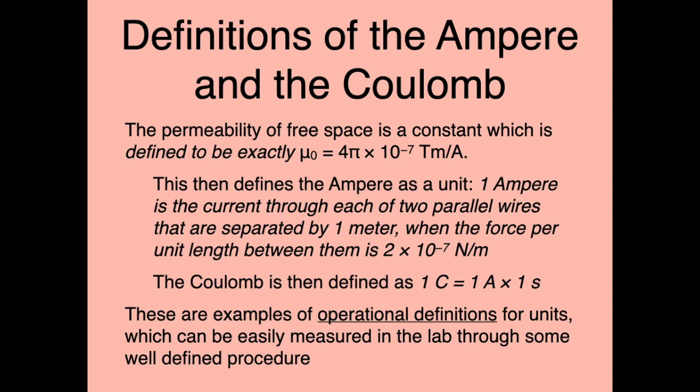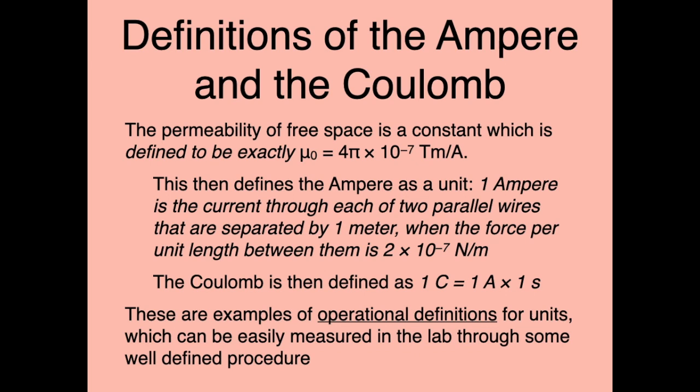And once we do that, it defines what the other units are for us. So for instance, the ampere. How do we know what an ampere is? How do we define this unit in practice? Well, if we have 2 parallel wires that are separated by a meter, and the force per unit length between them is 2 times 10 to the minus 7 newtons per meter.